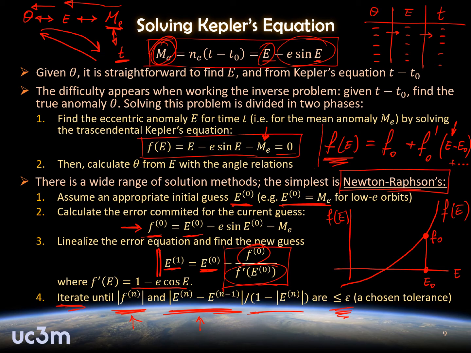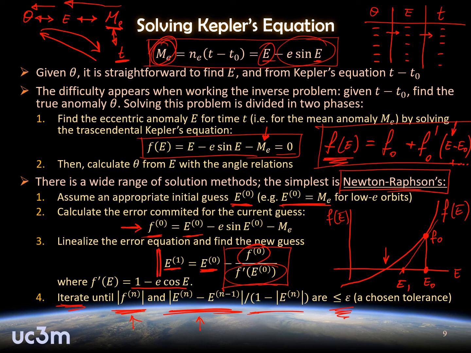The linearization that we are doing here allows us to find this straight line. This straight line is a local approximation of the function, but it's not the function. And since we are using this approximation to find the new guess, we are trying to cancel not the function but the approximation. This is where E1 will be located. So you see that it's already closer to the true root of this function.